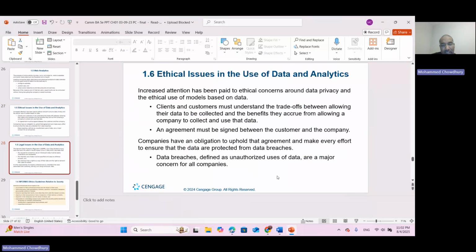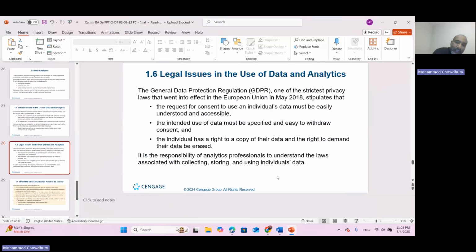There are legal issues in the use of data and analytics. The General Data Protection Regulation, one of the strictest privacy laws, went into effect in the European Union in May 2018. It stipulates that the request for consent to use an individual's data must be easily understood and accessible.